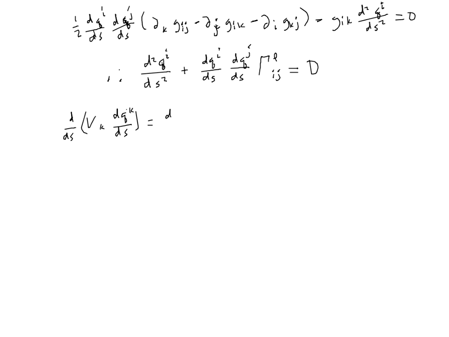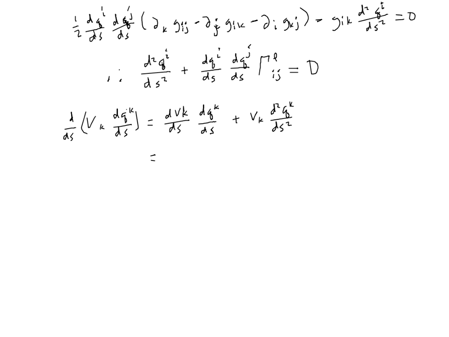This is equal to dv_k/ds times dq^k/ds plus v_k times the second derivative of q^k with respect to s.